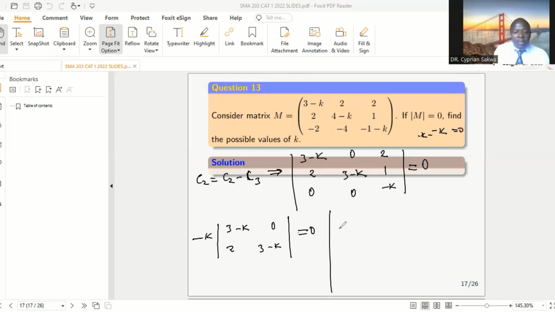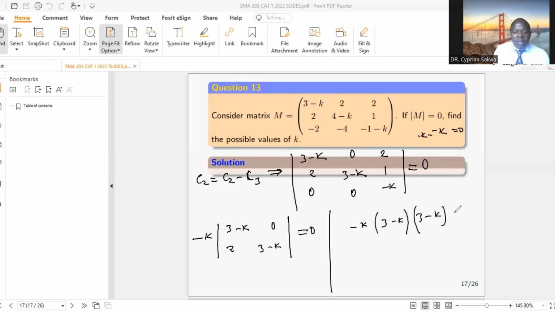Now, what is this? What I have here is negative k multiplied by, this is 9. We just write it as 3 minus k, because in fact this is 0, so there's no need.